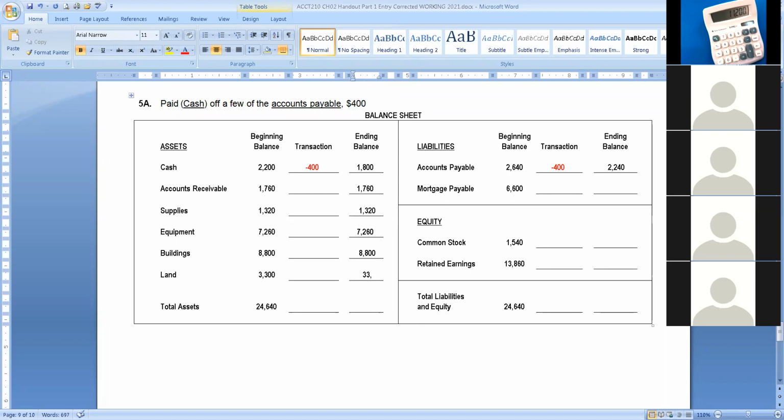Oops. $4,240, and that's what we expect because it'd be $400 less than this. And chicken would be the same thing over here. Yep.